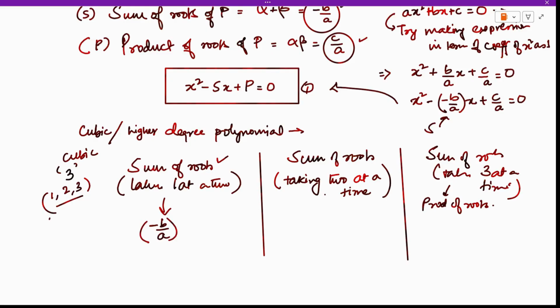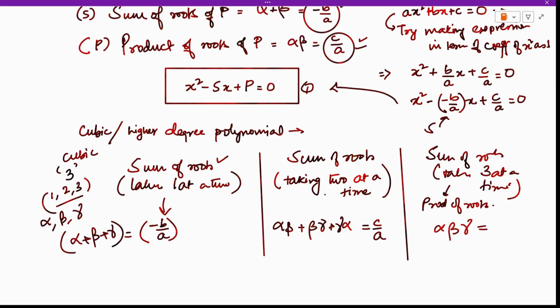So if your three roots are alpha, beta, and gamma, then alpha plus beta plus gamma is nothing but minus b by a. Similarly, taking 2 at a time, so alpha beta, beta gamma, and gamma alpha. So alpha beta plus beta gamma plus gamma alpha. This becomes your same thing, 2 at a time, so c by a. Similarly, taking 3 at a time, so alpha beta gamma.